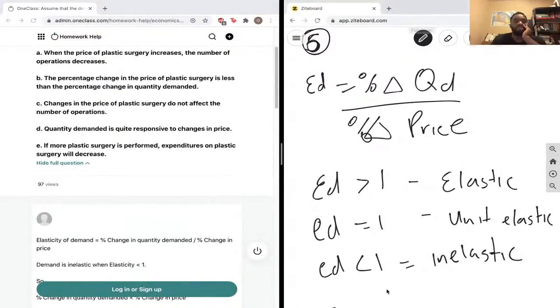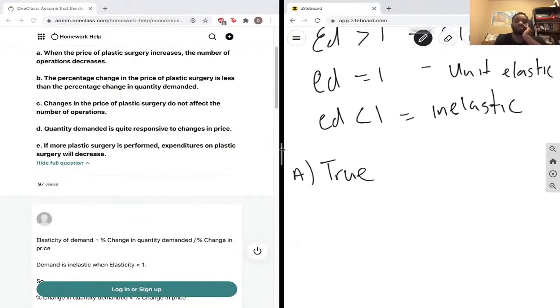Part B. The percent change in the price of plastic surgery is less than the percent change in quantity demanded. This should be false. Because we know the elasticity of demand is inelastic, the change in price is going to be greater than the change in quantity demanded.